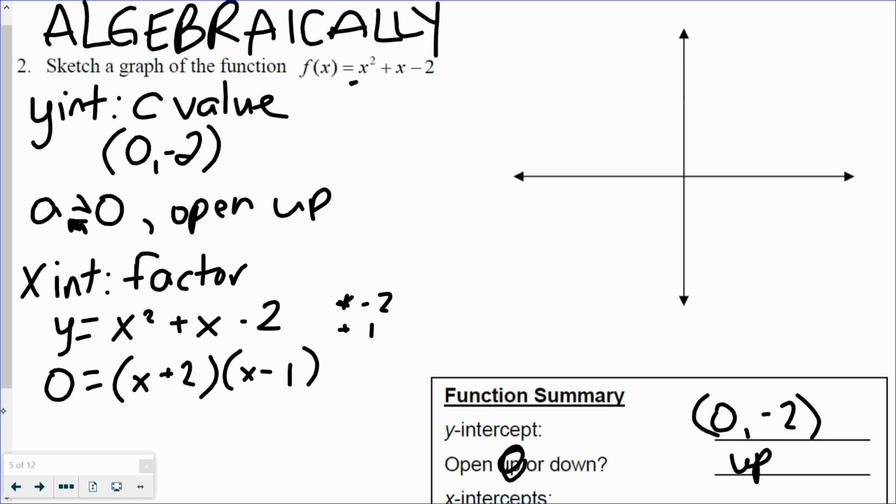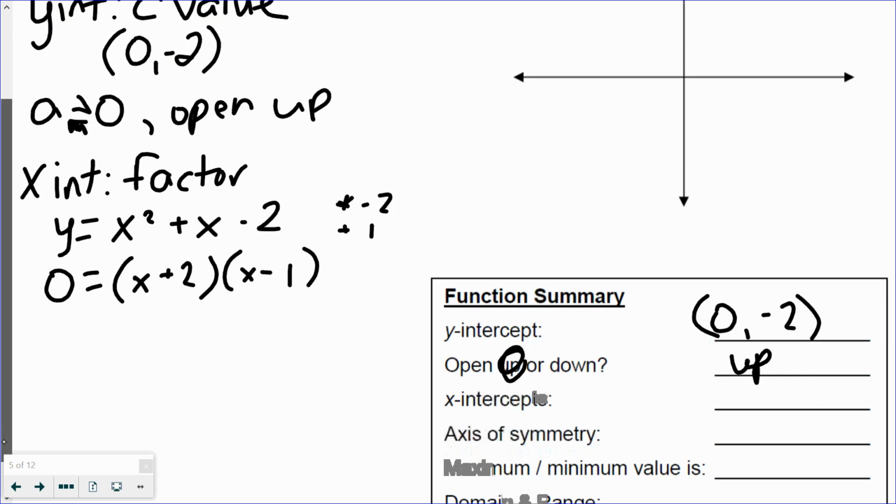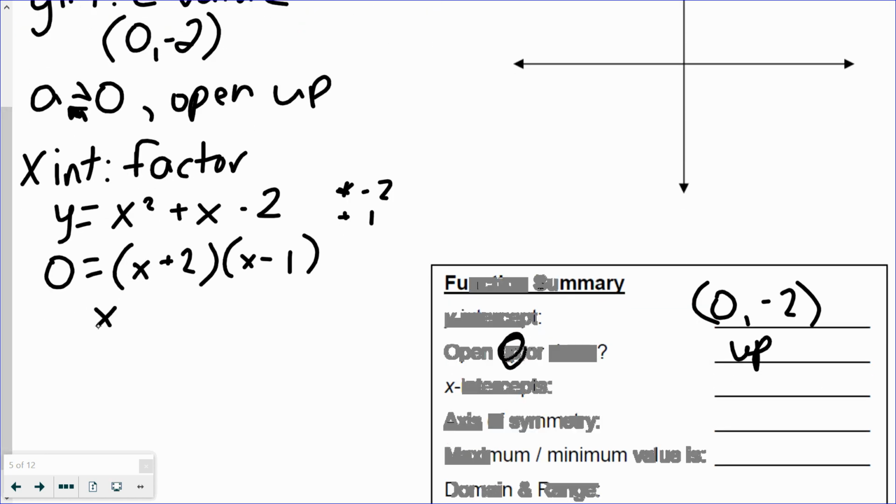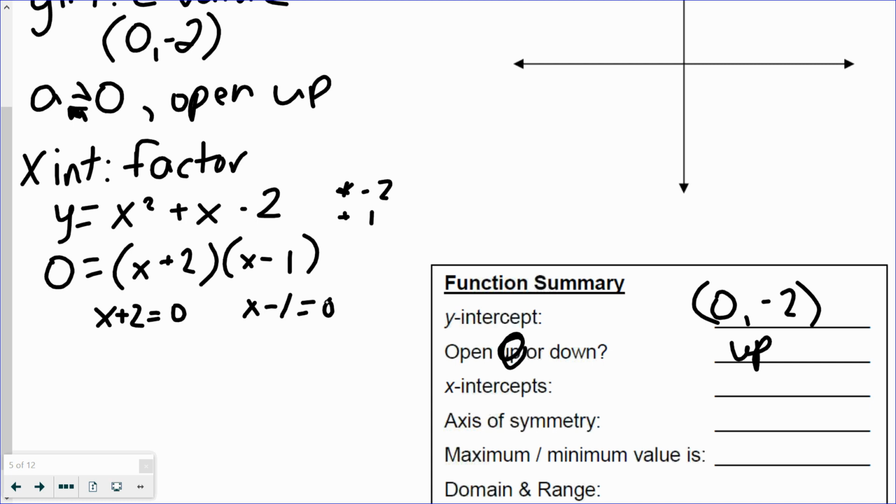And then what we're going to do is we're going to analyze what makes each of these factors equal to 0. What makes x + 2 equal to 0, and what makes x - 1 equal to 0. You might already be detecting it real fast and being like, okay, that makes perfect sense. It's just the opposite sign, and for this point right now, that does work out.